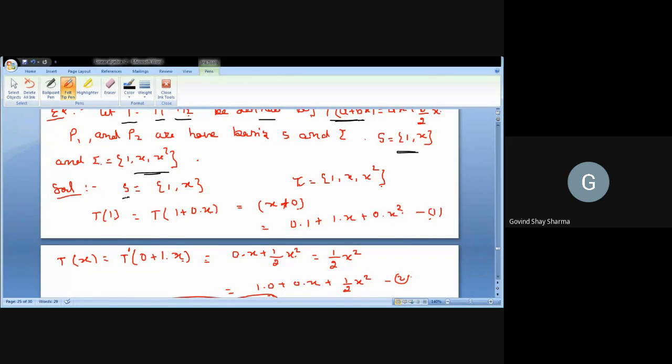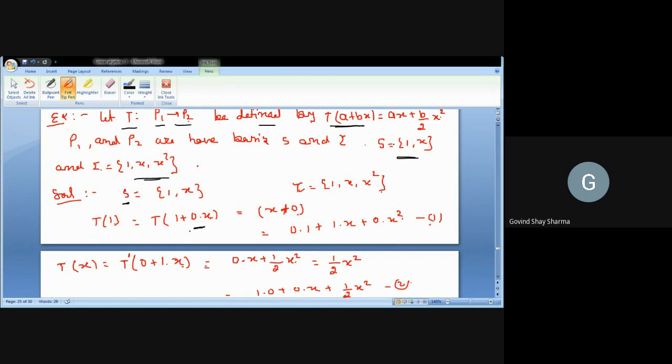So we take first from the domain T1, which is 1 plus 0x, because b is equal to 0 and a, the constant term, is 1. So it can be written as 1 dot x plus 0, and x can be written as a linear combination of this basis: 0 dot 1 plus 1 dot x plus 0 dot x square.